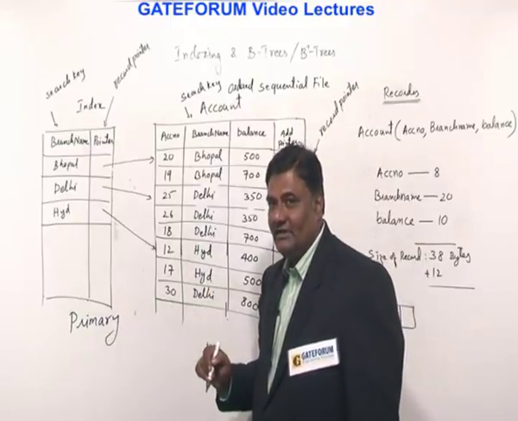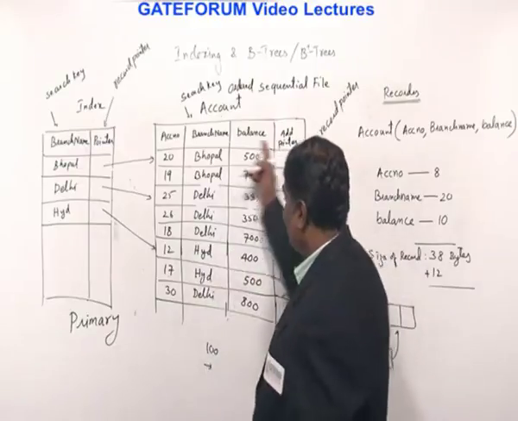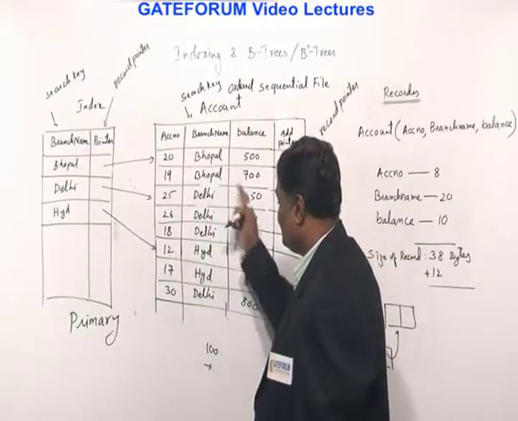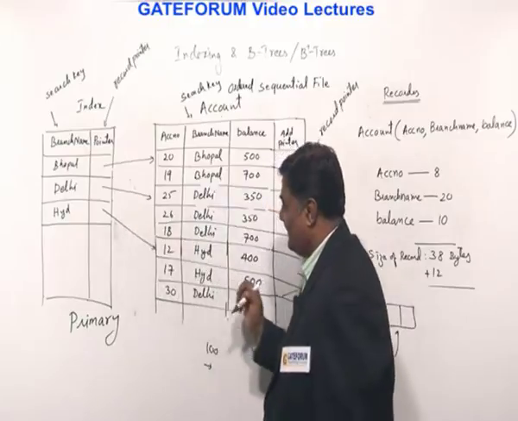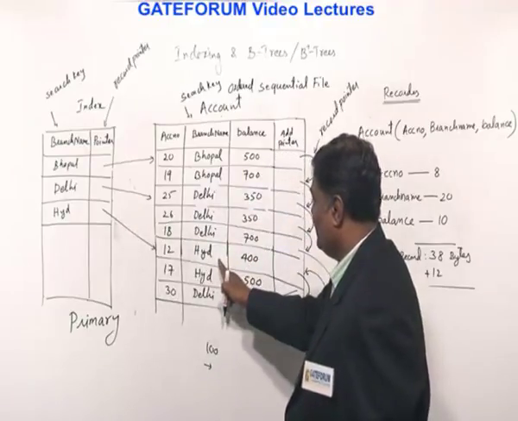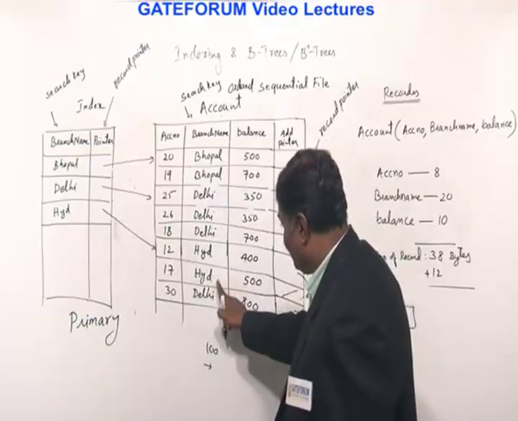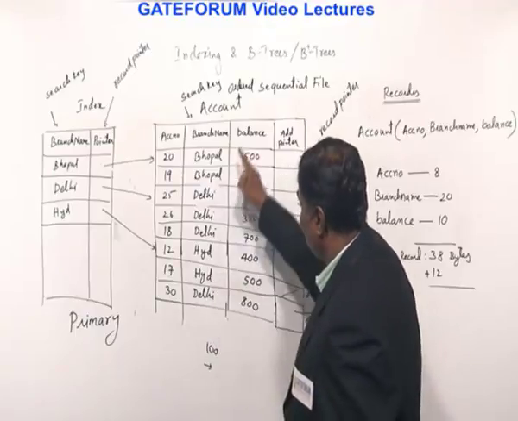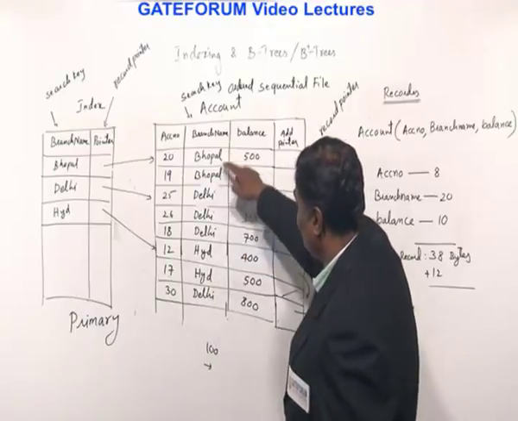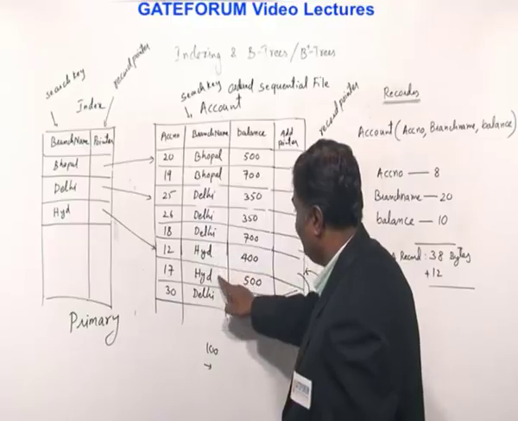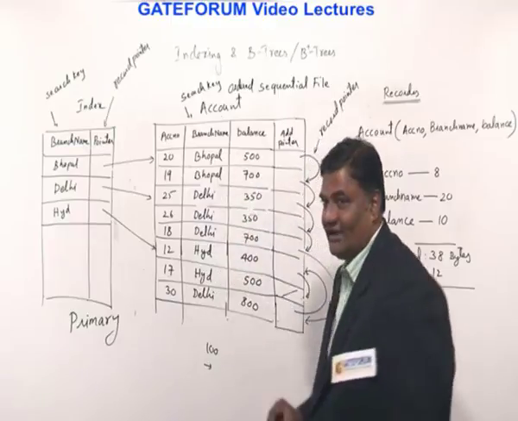How is it faster? See, if you are accessing the table, not the index, and you are searching for Hyderabad, then till you reach here, how many records are you accessing? 1, 2, 3, 4, 5, 6, 7. So in total 7 records you are accessing.